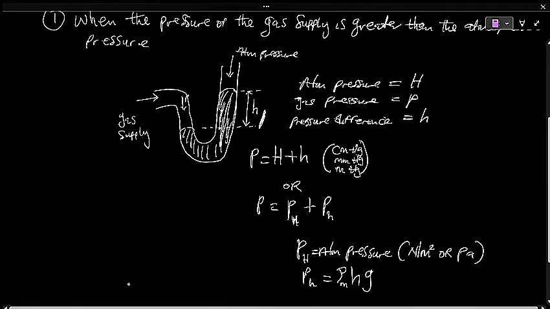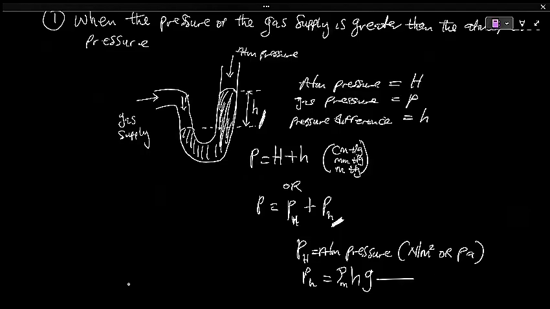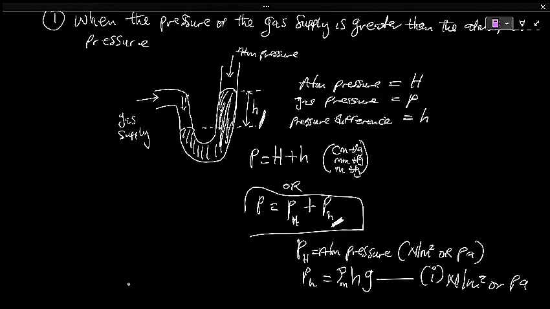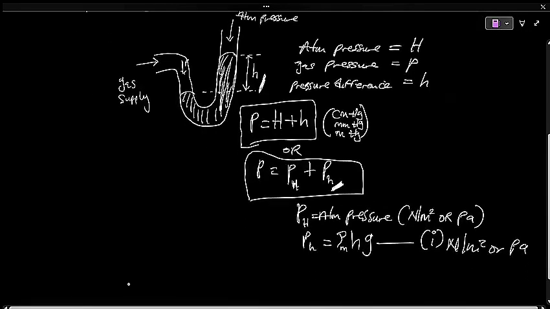We use this formula when dealing with Newton per meter squared or Pascal, but we use the other one when dealing with centimeter, millimeter, or meters of mercury.